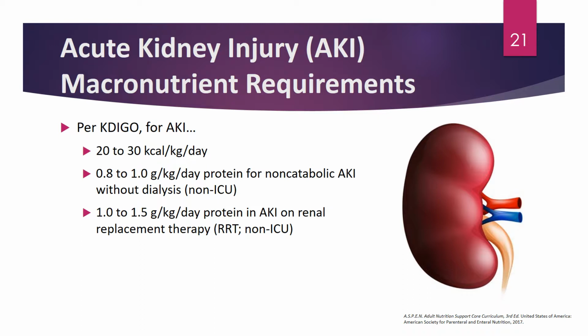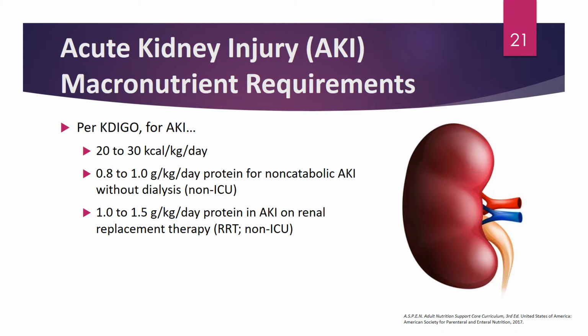In regards to macronutrient requirements per KDIGO guidelines for AKI, AKI patients basically have more or less the same calorie requirements as a normal patient, so 20 to 30 kilocalories per kilo per day.